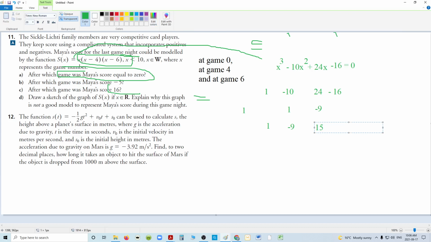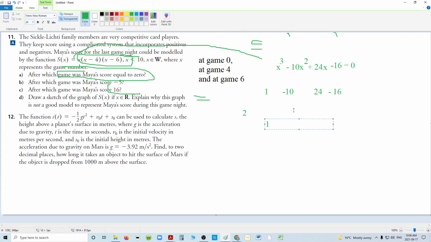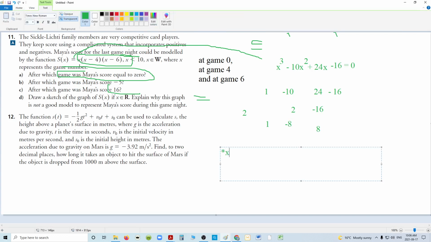Okay. So I'm going to jump right to game 2. Got it. So game 2 is one of them, which means x minus 2 is one of the roots.